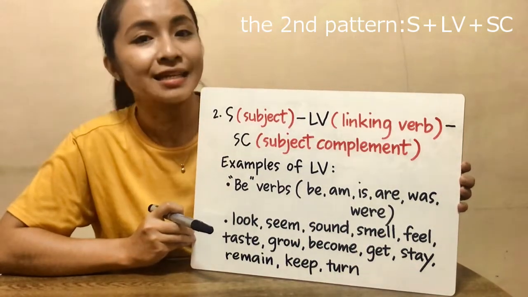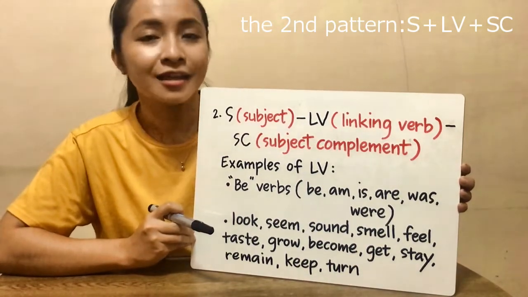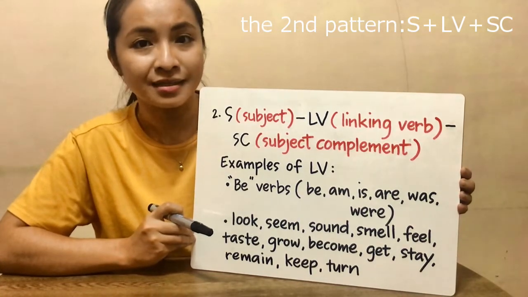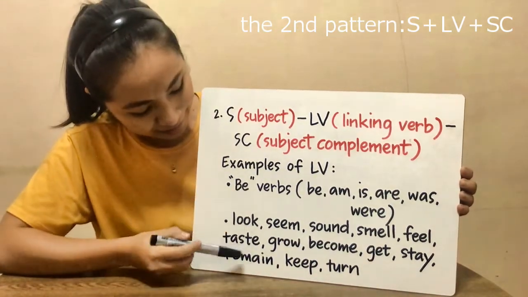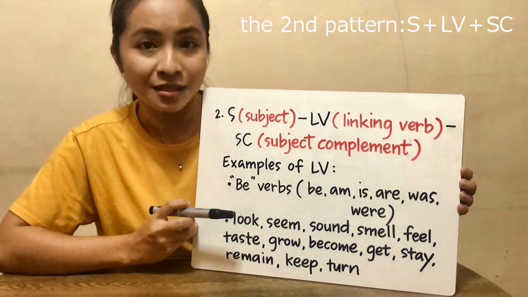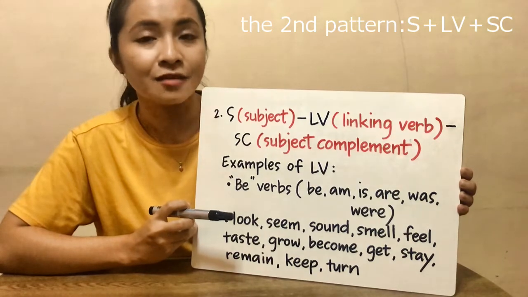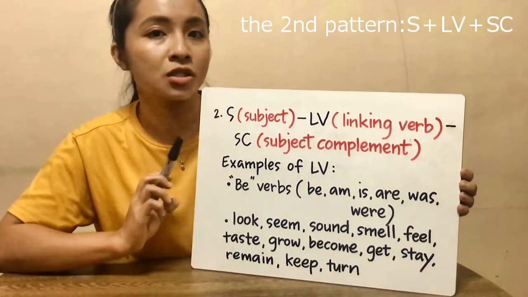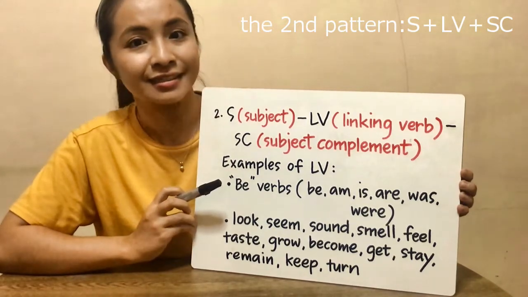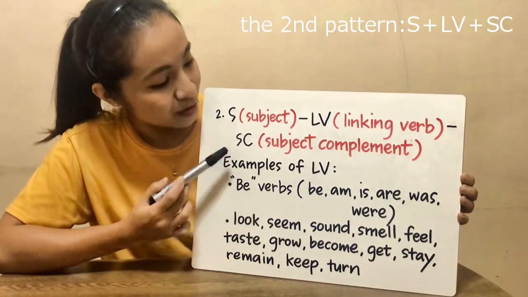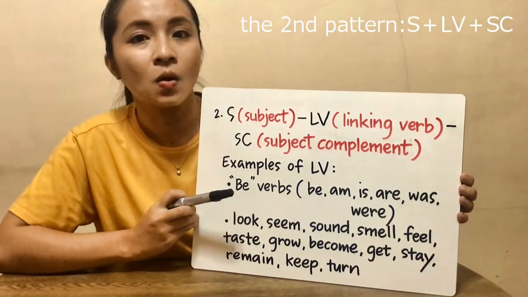So what is a linking verb? A linking verb is a word or phrase that connects a subject and gives information about the subject. So they do not show any action. Next one, we have the subject complement or the SC.